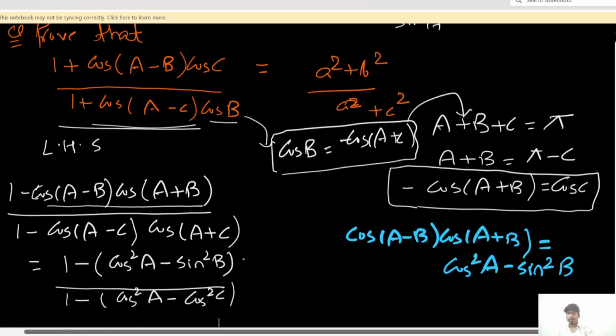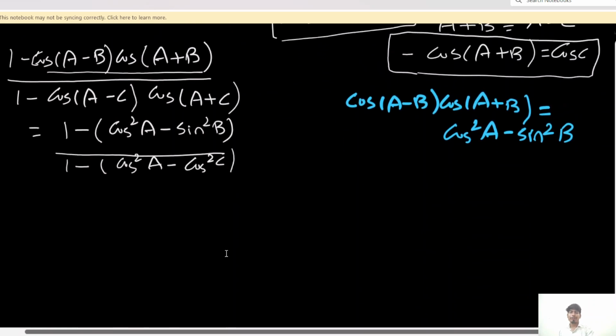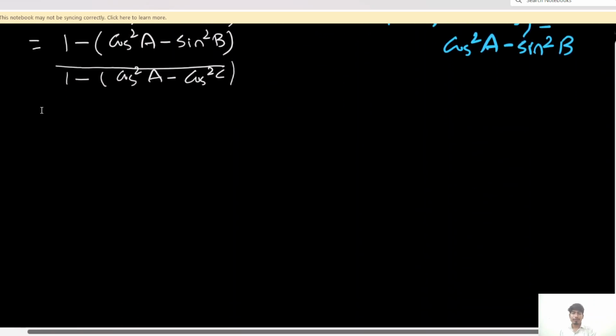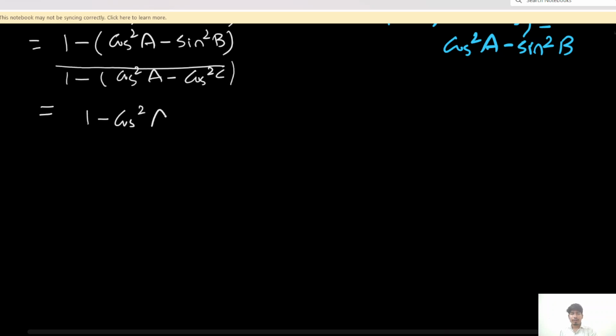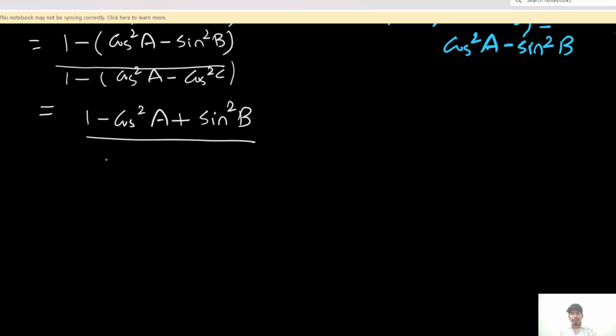Then what do we do? We know 1 minus cos square a is sine square a. This becomes 1 minus cos square a plus sine square b, and in the denominator 1 minus cos square a plus cos square c.